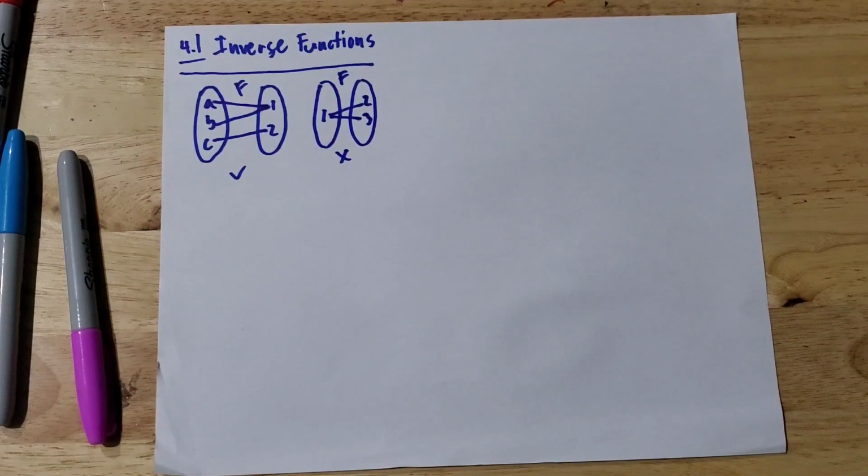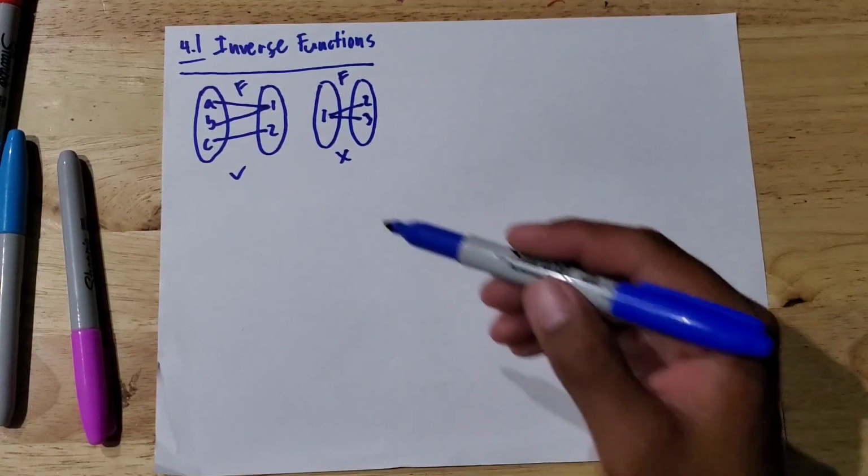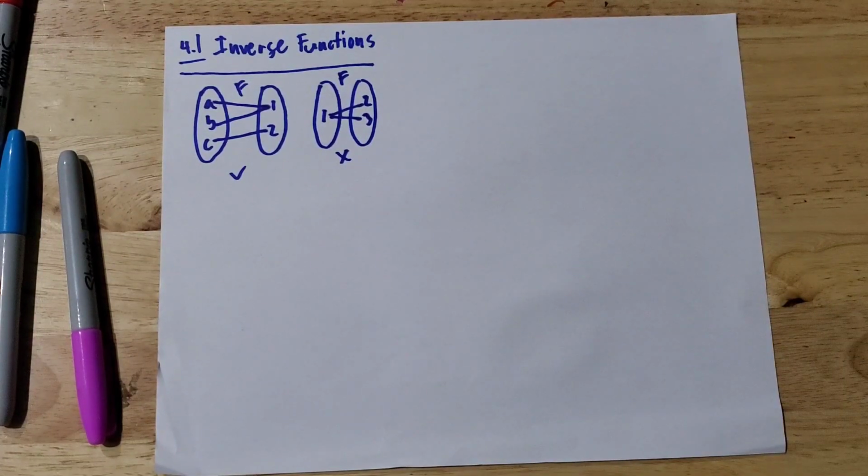Every member in the range has to correspond to exactly only one member in the domain. So what that ends up doing is that's sort of the definition of what's called a one-to-one function.